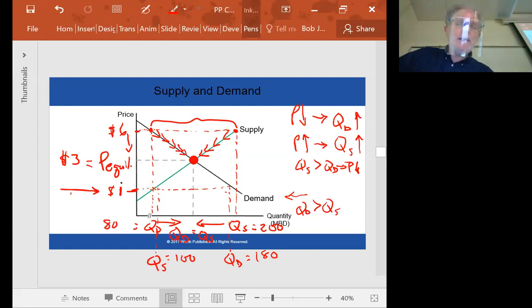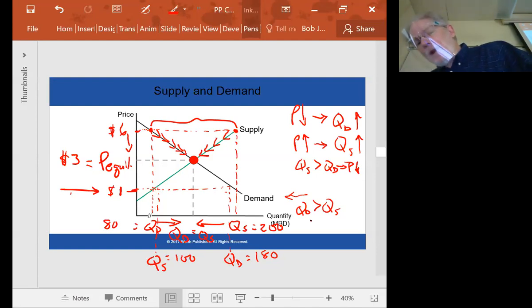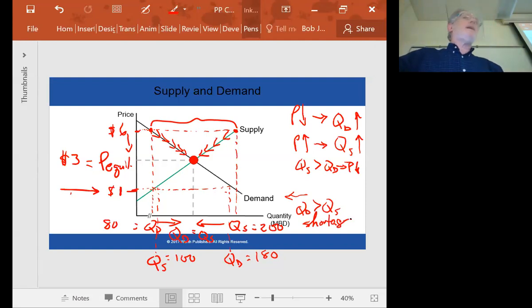And what this is telling us is, if the price is $1, you're going to have producers making available a relatively small amount, you're going to have consumers wanting almost twice as much. So you're going to have a shortage. You're going to have lots of consumers who say, I've got the money, I've got my dollar, I want gas, but there's no gas available.